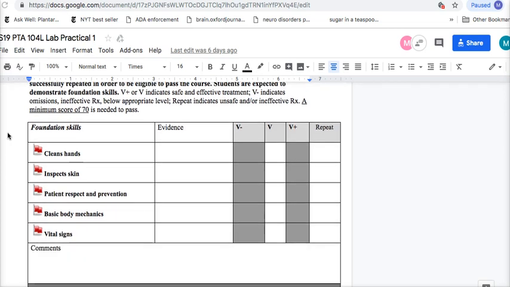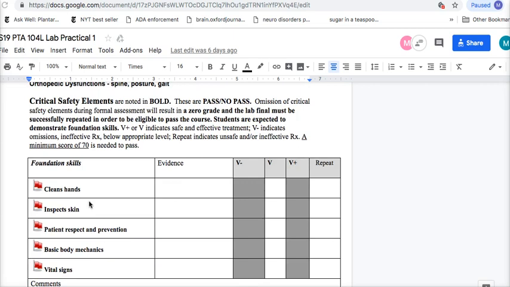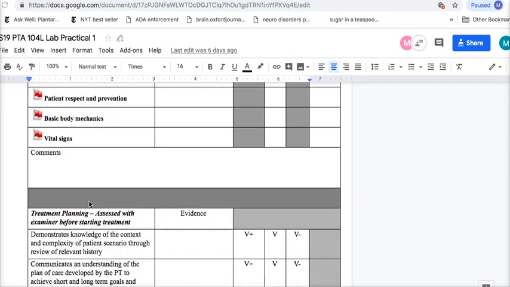So these critical safety elements are consistent with what you have seen in PTA 101 and PTA 103, and even looking at our PTA 132 and 133. These red flags are those foundational skills that you learned as students a few terms ago.